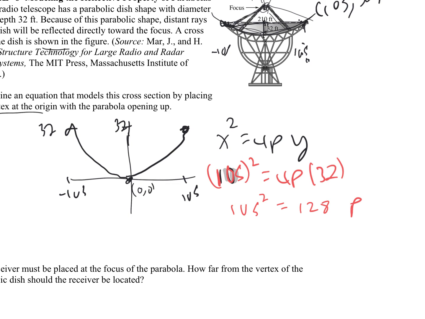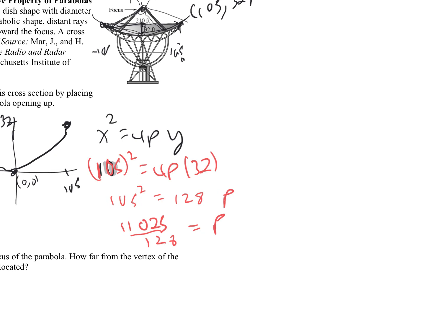105 squared is 11,025. And then I'll be dividing that by 128, and that'll be my distance to the focal point. I didn't do the division in my calculator yet, so I'll just leave that fraction for now. It looks good enough for me. So let me put it back into my equation.